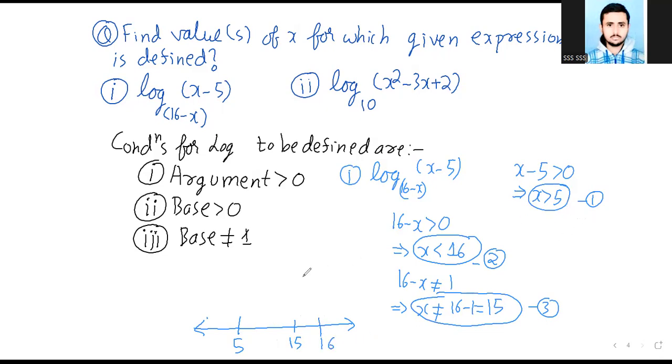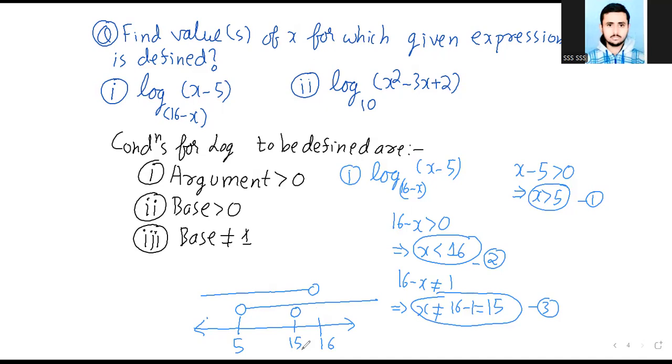The first condition says x should be greater than 5, but 5 is not included, so I'll select all points to the right of 5. The next condition says x is less than 16, so all numbers smaller than 16 are included. Now, the third condition says x cannot be equal to 15, so 15 needs to be excluded.